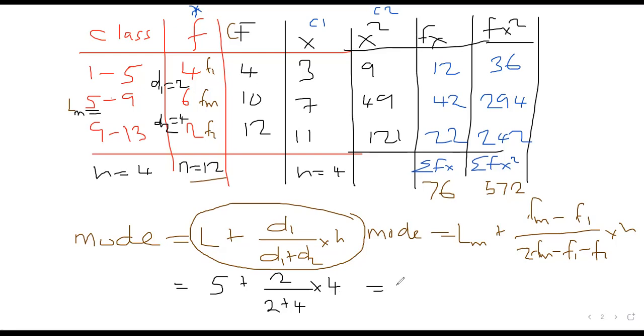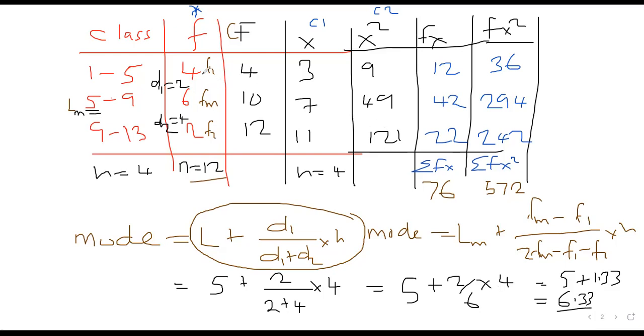So this will give us 5 plus 2 over 6 times 4. So 2 times 4 is 8. 8 divided by 6, 1.33. So 5 plus 1.33, we get 6.33. That is how we find our mode.